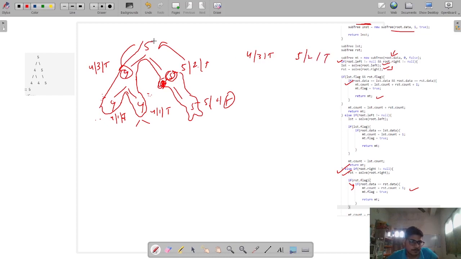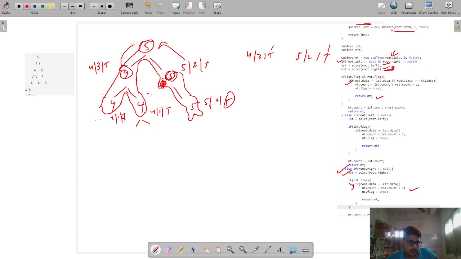So here was the call. I was here for this node, right? So now from left we got true, and from right we got true, right? So we'll check whether the values are equal.